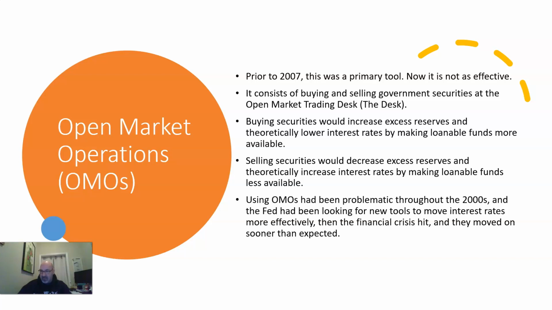So repos and interest rates on excess reserves became the new things, and that's what they moved to. And then they ended up mainly settling on interest on excess reserves. The first new thing was actually repos, and they moved that to second now, and IOER is basically the number one now.